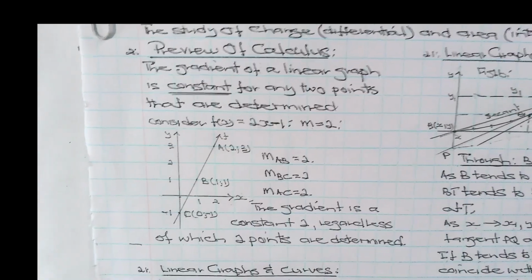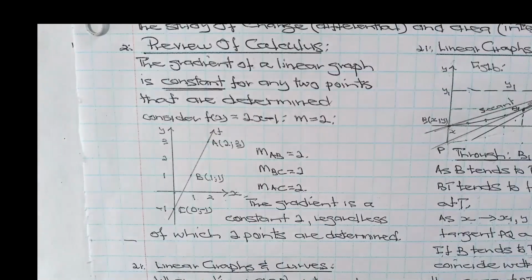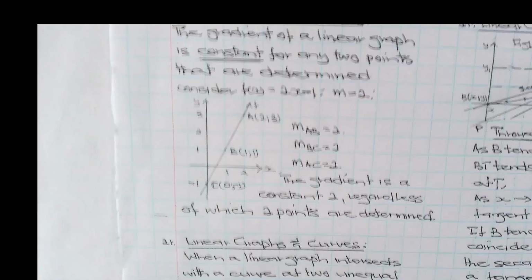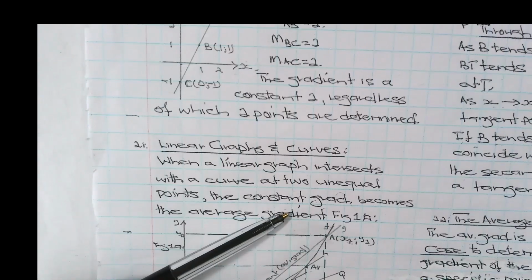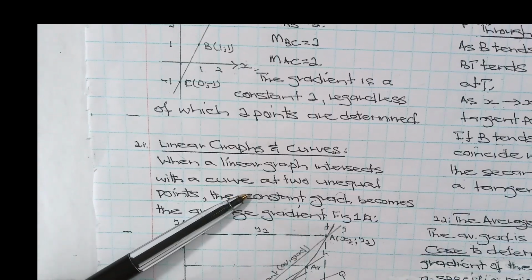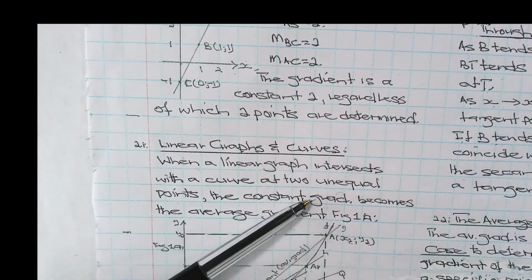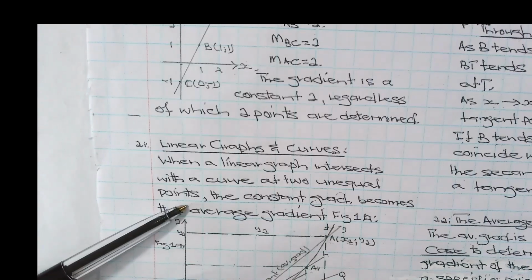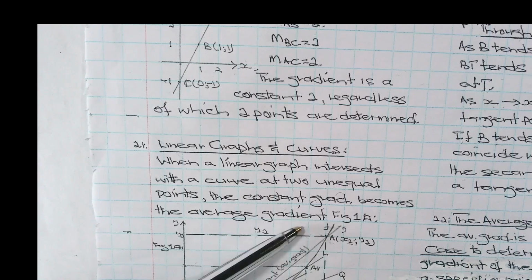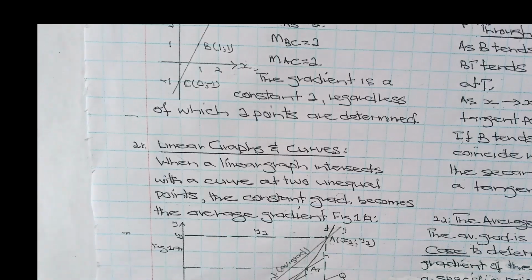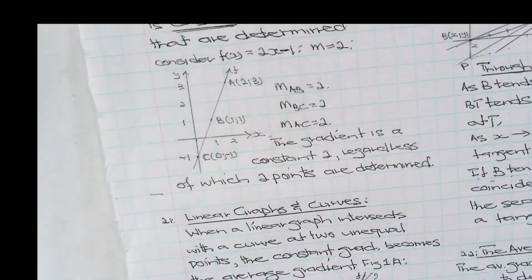Let's move to linear graphs and curves. When a linear graph intersects with a curve at 2 unequal points, the constant gradient becomes the average gradient. What is the average gradient?